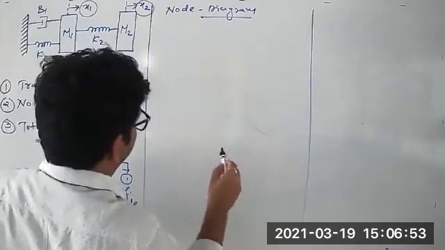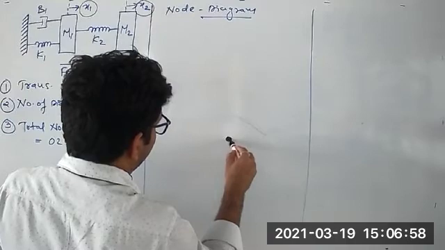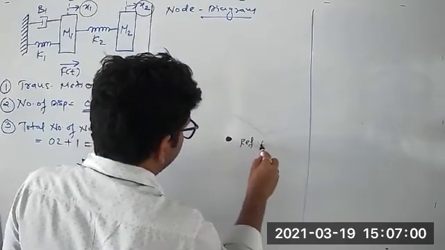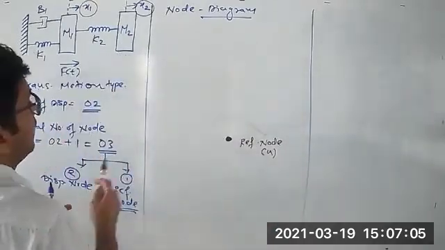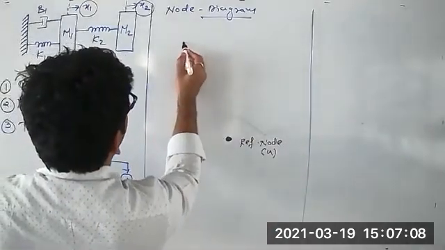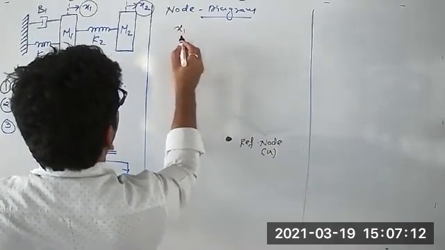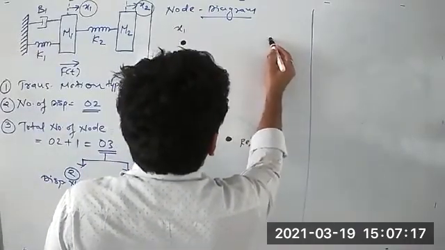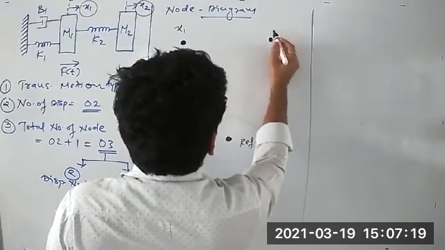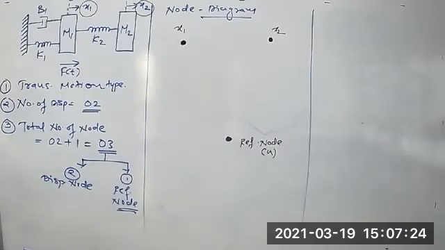Let us consider that somewhere over here we have the reference node indicated by symbol small n, and somewhere over here the first displacement node indicated by symbol x1, and somewhere over here the second displacement node indicated by symbol x2. So x1 and x2 indicate the displacement nodes and this indicates the reference node.